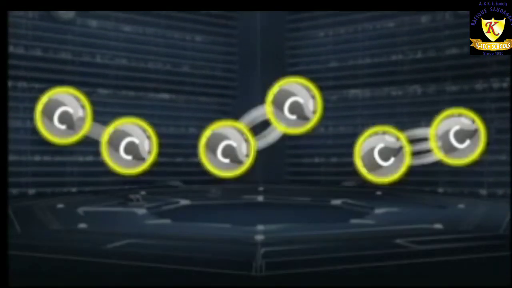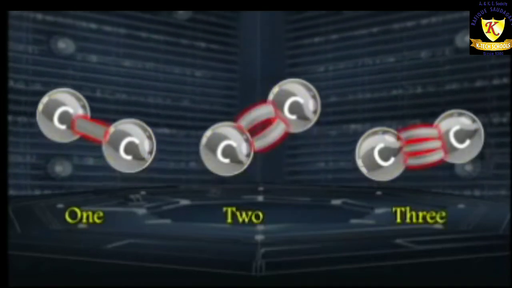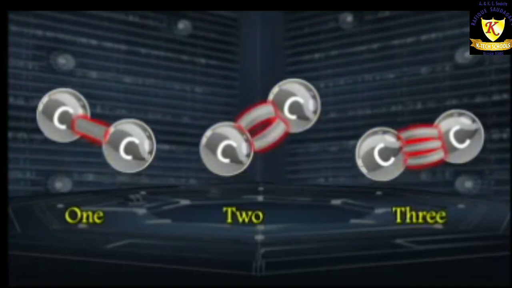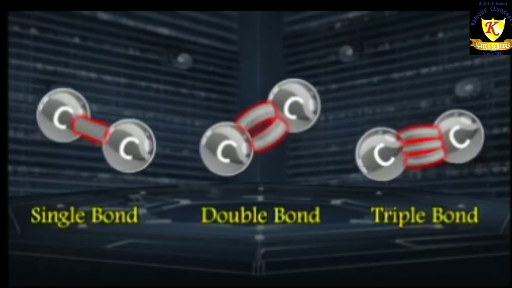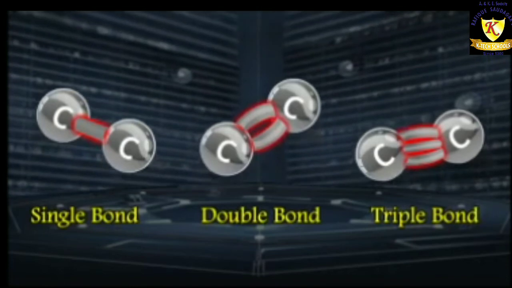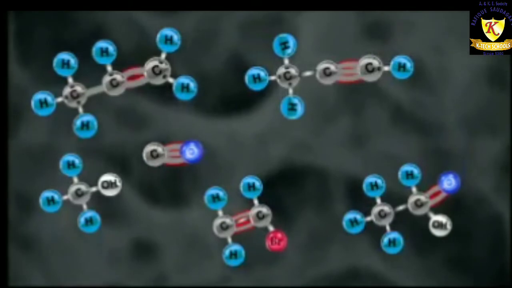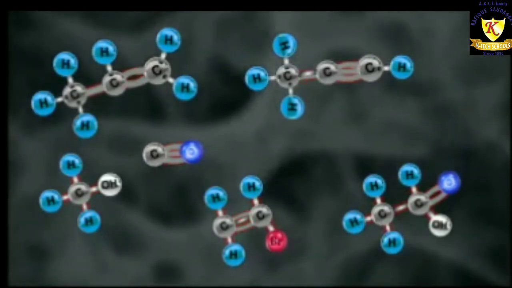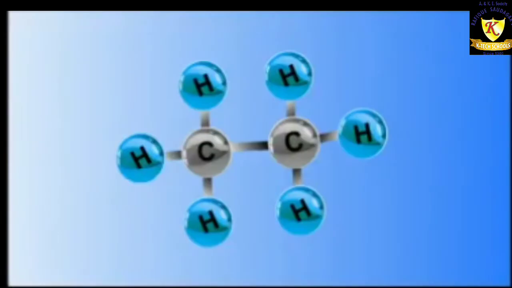Now two carbon atoms can be bonded together by 1, 2 or 3 covalent bonds. These are called single bond, double bond and triple bond respectively. Due to the ability of carbon atoms to form multiple bonds as well as single bonds, the number of carbon compounds increases.